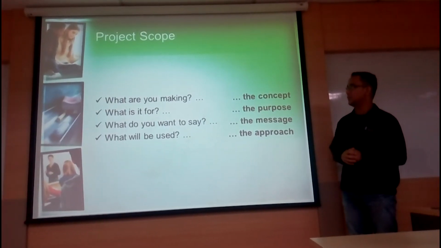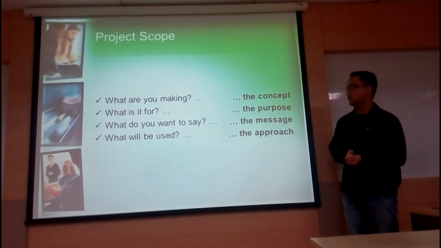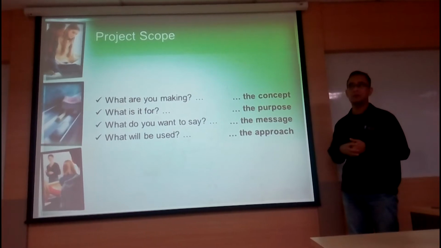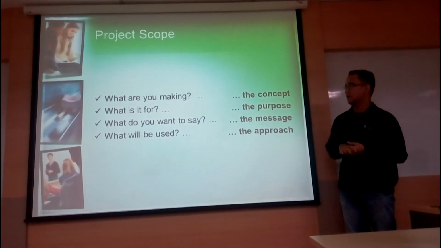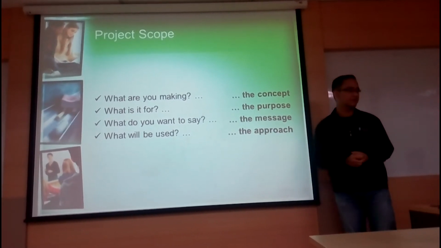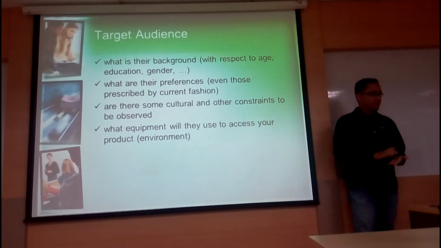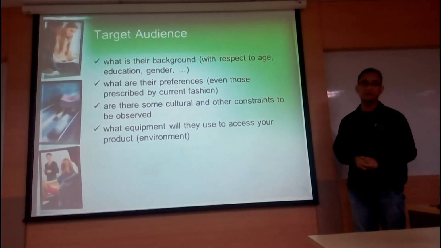So for our project scope, we need to know what we are doing, what it is for. So what we want to say in the project and what will be used, the approach for this project. So next is our target audience.